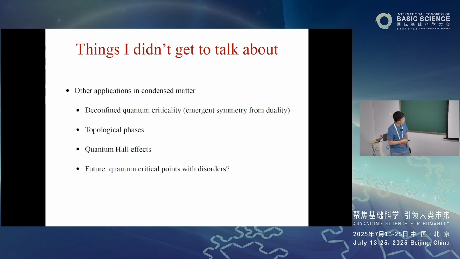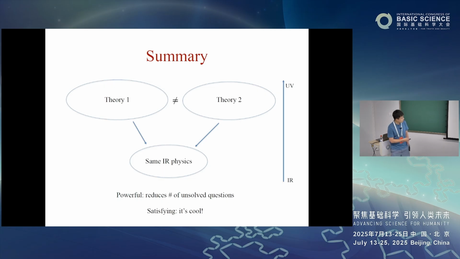It's also related to many other things like topological phases and quantum Hall effects. One future direction which has always been on my mind is the hope that we may use these ideas of dualities to understand something really difficult in condensed matter physics, which is quantum critical points with disorder. These are really difficult, but also very relevant to actual experiments. With that, let me put the same summary of the story here, and thank you for your attention.